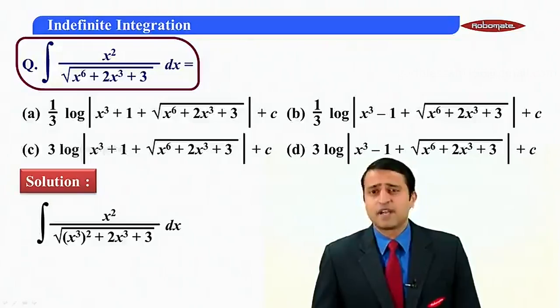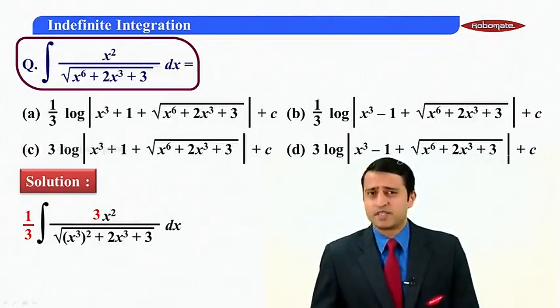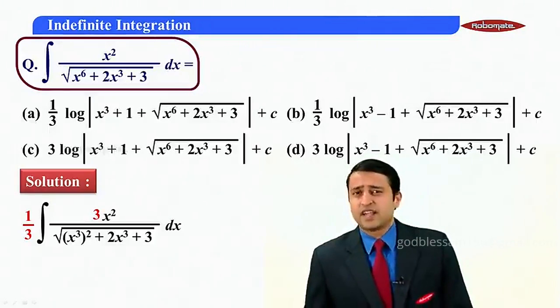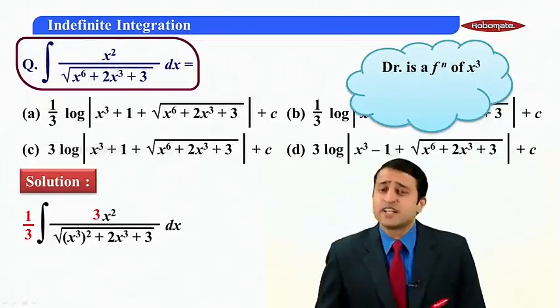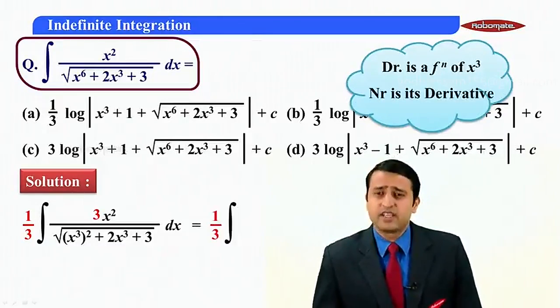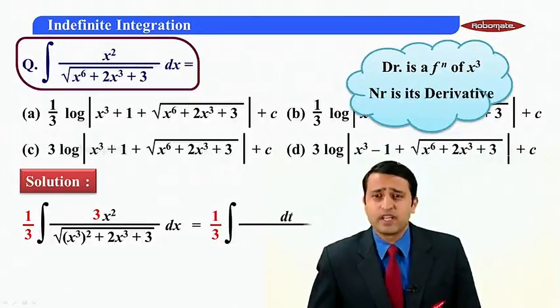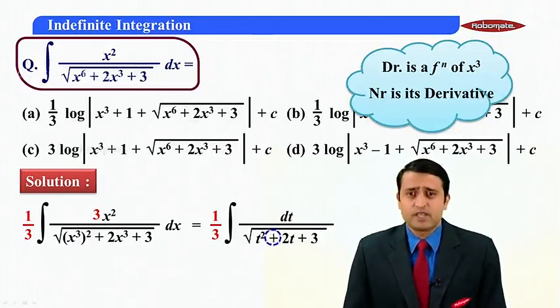Now if I multiply divide by 3 to the numerator and denominator, what happens is we can say that the denominator is a function of x cube and the numerator is its derivative. So it can be said that the integral can be written as 1 by 3 integral of 1 upon root of t square plus 2t plus 3. Is that okay my dear students?